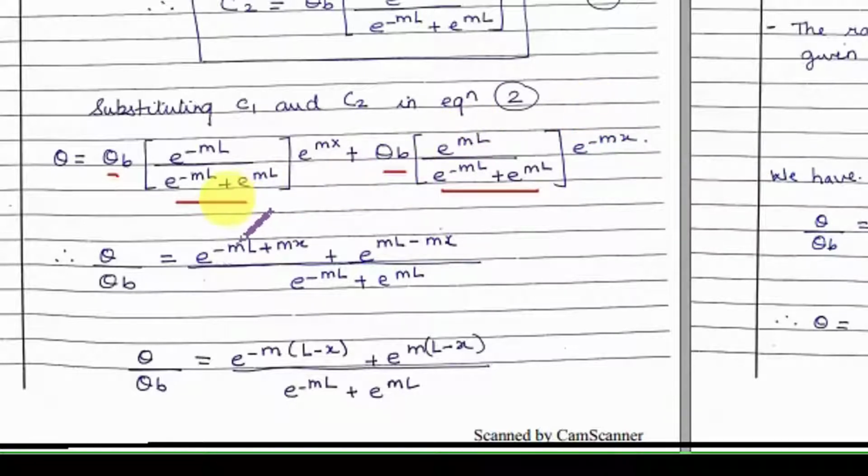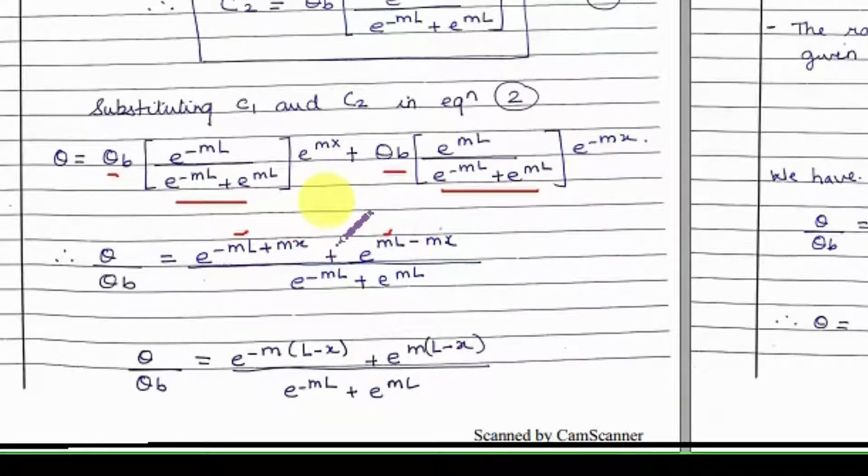So this ml term and this ml term I will take common, just simple calculation, and this mx and this mx I will take common. So what I get, e to the power minus m I will take common from here and here. What am I left with? L minus x. From here and here I will take the minus common.